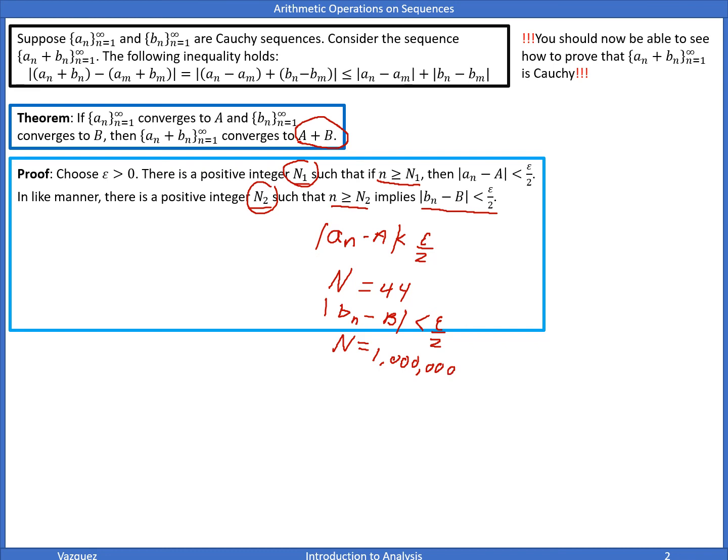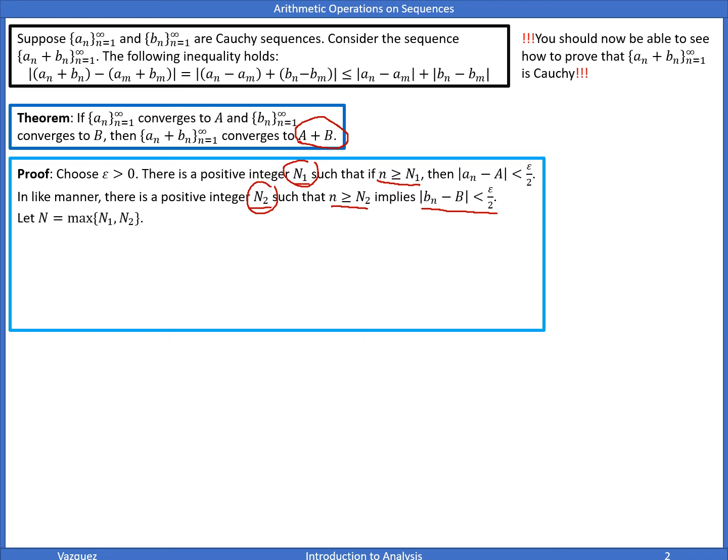So we can't use the same N. That's why we're using N sub 1 and N sub 2, different N's for the different sequences, because they may not be the same. Okay, so next we're going to let N be the maximum of the two. Why? Because, for example, this one I said was 44 and this one I said was a million. Well, a million certainly suffices because it's greater than 44. So we're just going to choose the max because the max will suffice for the other one.